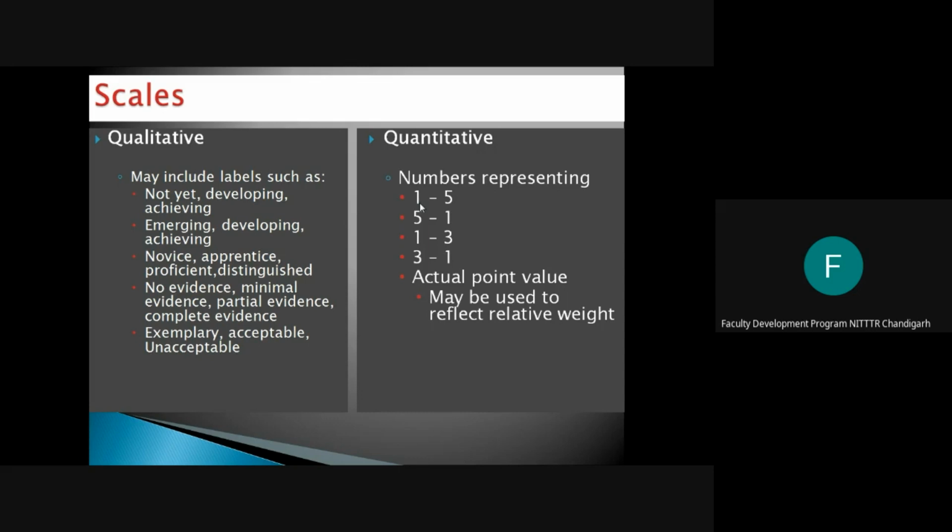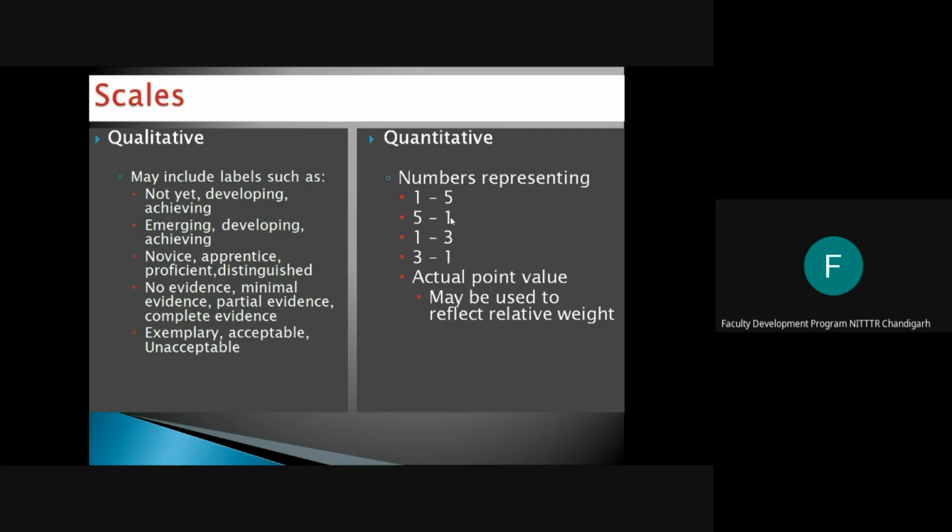It can be otherwise also: number 5 can mean the student is at the top level, and number 1 the bottom level. So you have to specify which is which. You can also have this scale from 1 to 3, with 1 at the top and 3 at the bottom, or otherwise 3 at the top and 1 at the bottom.